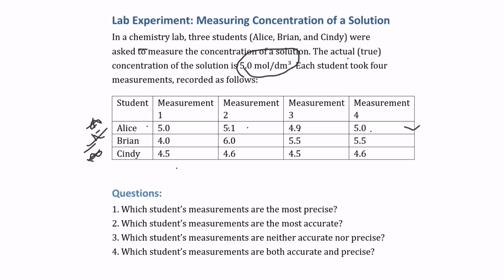Then you go to Brian. We have written the data they have given us in the table. Brian is 4.0, 6.0, 5.5, 5.5. Even though Brian is not even close to the answer, it is not even precise, because when you look at 4.0 to 6.0, they are not precise. When you go to Cindy, 4.5, 4.6 is also precise.